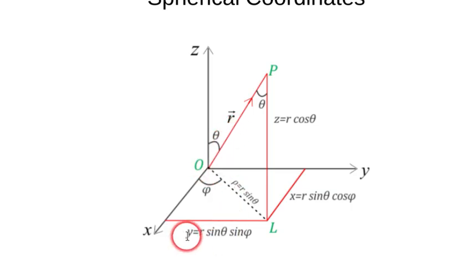And if you stare at these long enough, you'll see where these 3 definitions come from, okay? Because here's one right angle, here's another right angle here, and here's another right angle there. So that's how we get x, y, and z in terms of r, theta, and phi. All right?